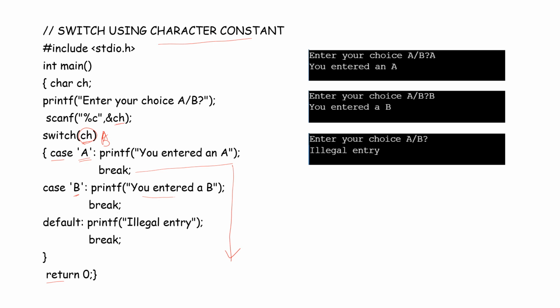So enter is basically a new line character which is an illegal entry. That means it does not match with any of the case labels. So automatically your control comes to the default block. You have a statement here, print illegal entry, come out of the switch block. This break statement for a default is optional again. You can include it or you can avoid it, because immediately after a default we have the end of the switch block.